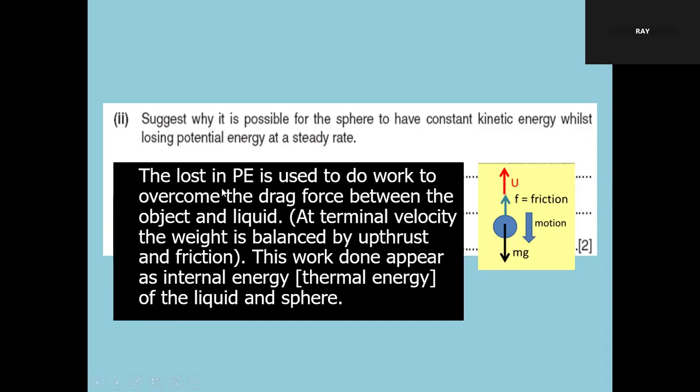So loss in potential energy is used to do work to overcome the drag force, that friction between the object and the liquid. At terminal velocity, the weight is balanced by the upthrust and friction. The work done appears as internal energy, as thermal energy of the liquid and the sphere. It means the liquid and the sphere become warm. That's all.